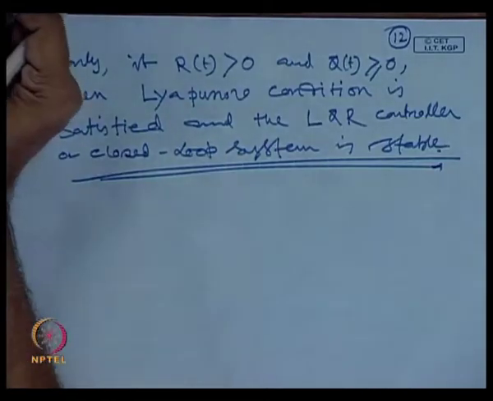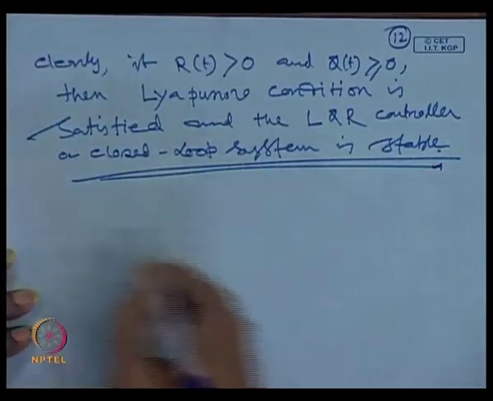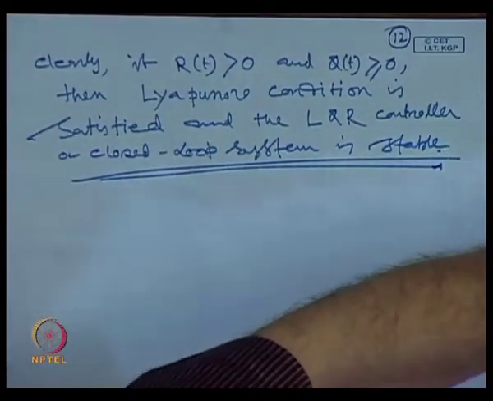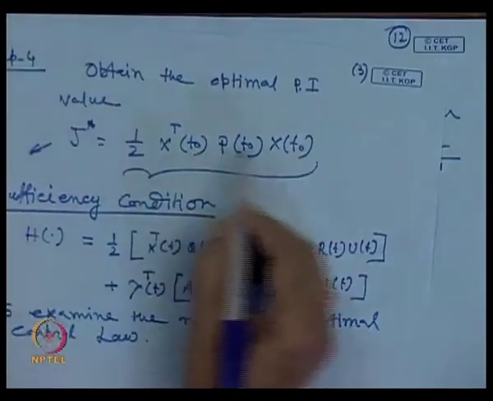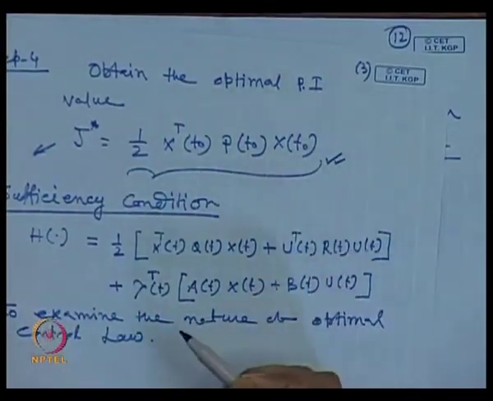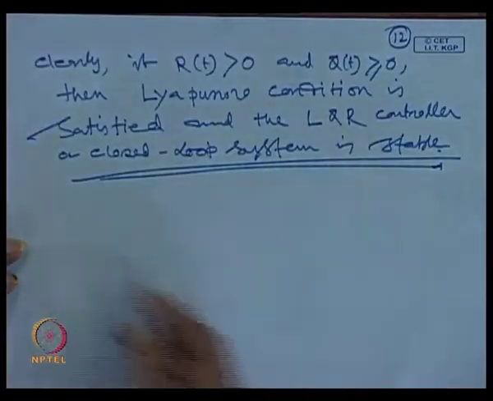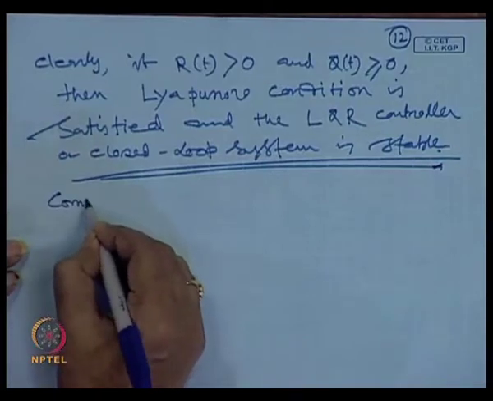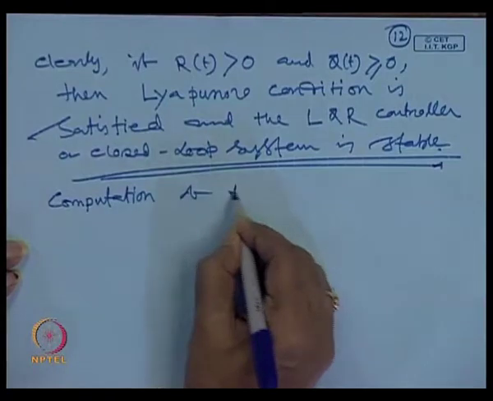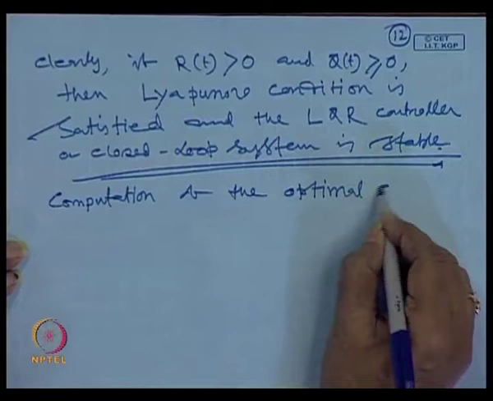So the next question comes. As I mentioned in the algorithm, in step 4 of this algorithm, the optimal value of the cost function is that one. So how to prove that? Next we will consider the computation of the optimal cost.